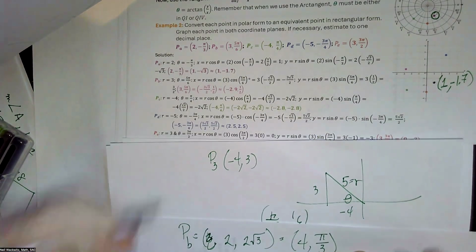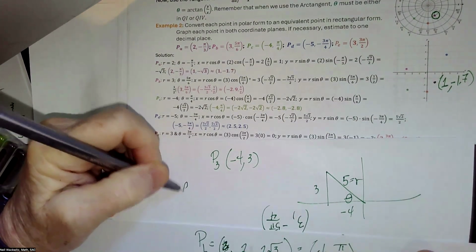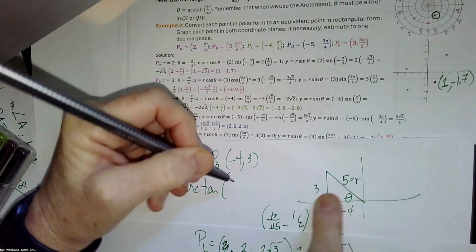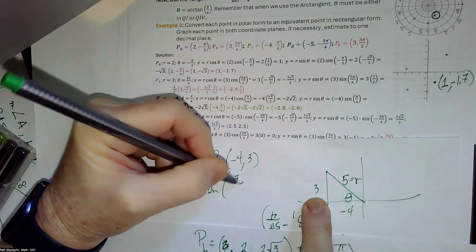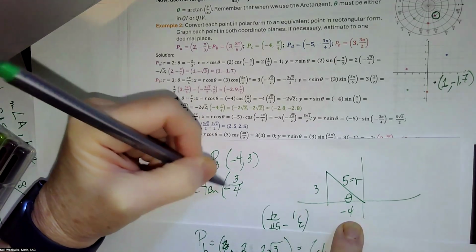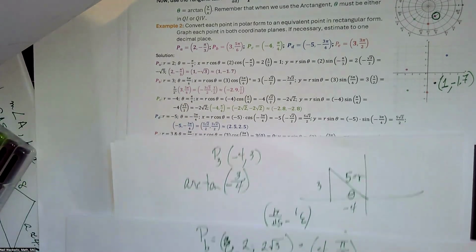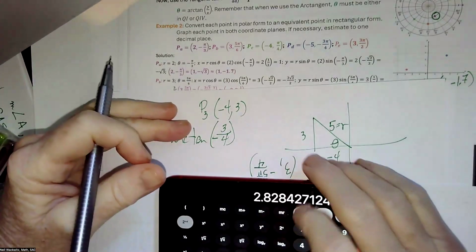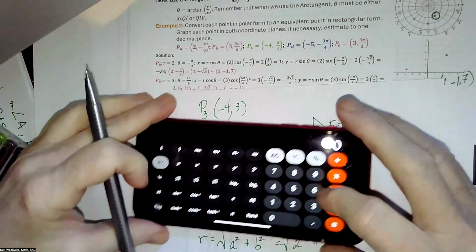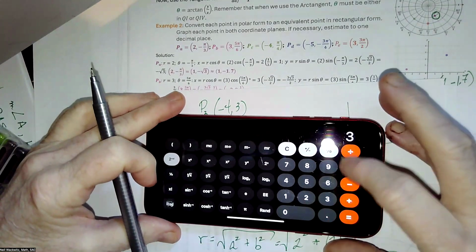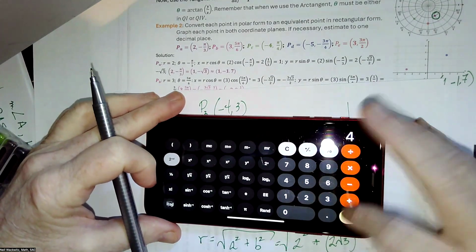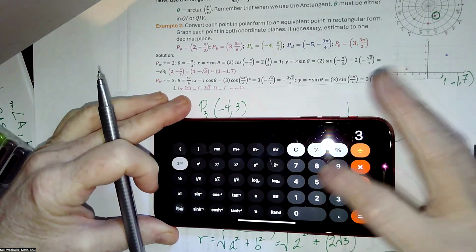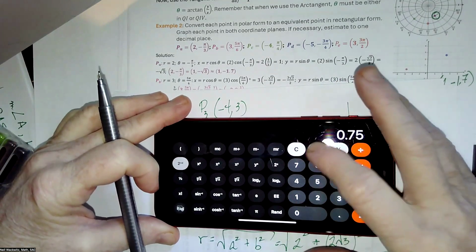To find theta, we want to find the arctan of 3 over, let's see, let's put the negative out front, negative 3 over 4. Three divided by 4 negative.